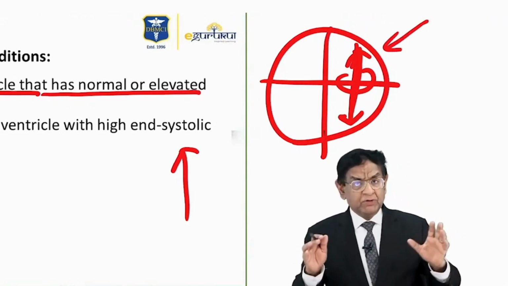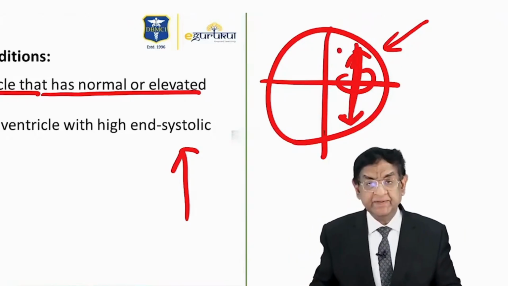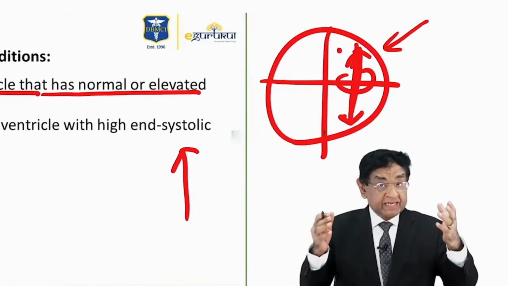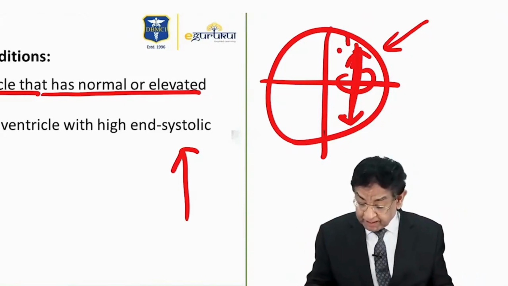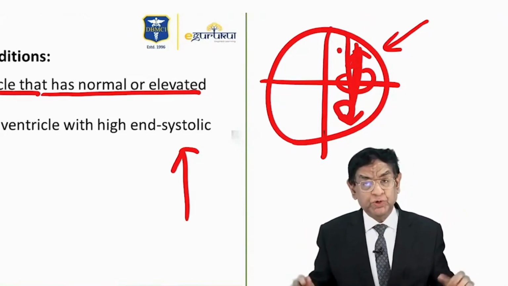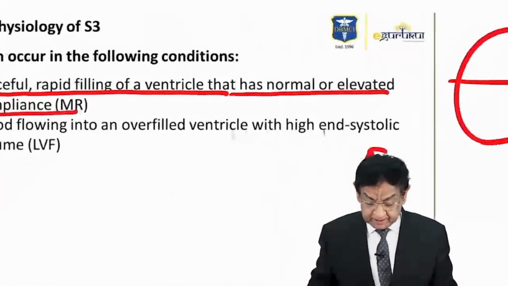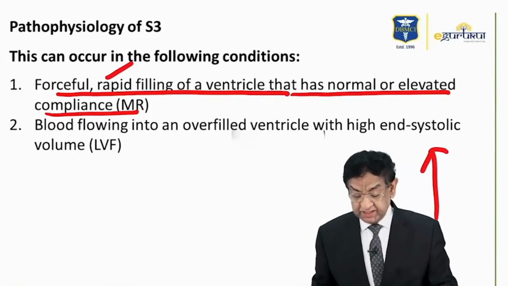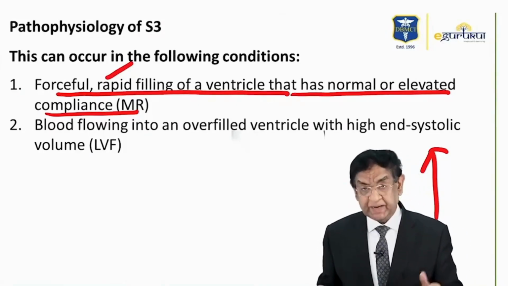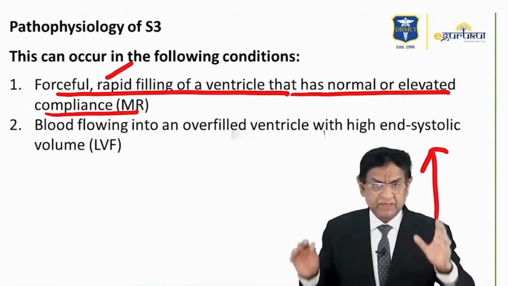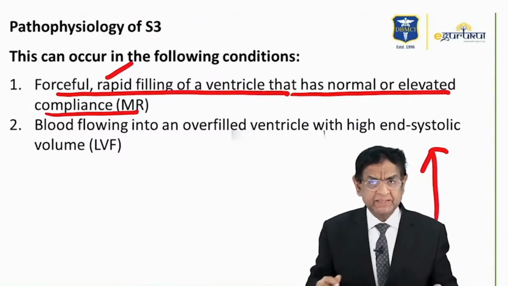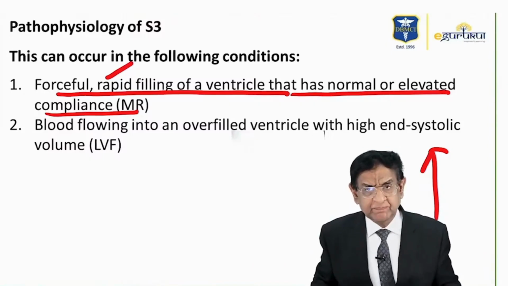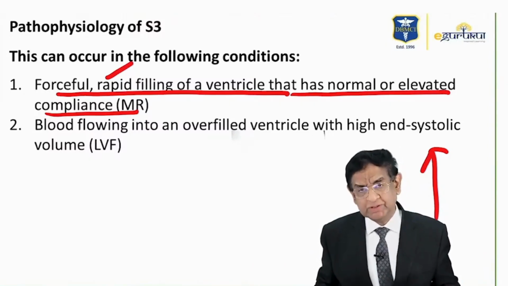So double the amount of blood is coming to this LA. So in the next diastole, a double amount of blood will come back. So a huge amount of blood is coming, causing rapid forceful filling of the ventricle with a normal or elevated compliance. Even with normal compliance, a huge amount of blood is coming. So that will produce a sound, the so-called third sound.